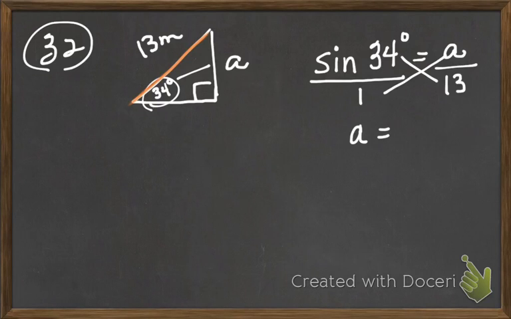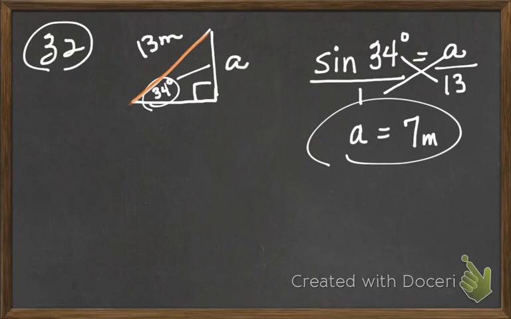There's no reason to ever write down the decimal for the sine of 34. Just do it all in your calculator and round one time at the end to the nearest whole number. That would be 7. Are we measuring by a certain unit? Meters. Okay? 7 meters.